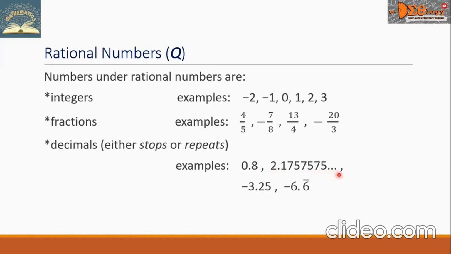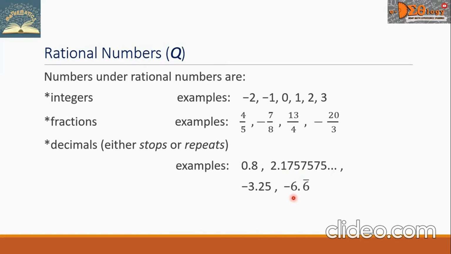The 3 dots here means we can continue writing 75 on the right side of this decimal. So this is an example of a rational number. Another example, negative 3.25. This is a decimal that stops. So it is a rational number.